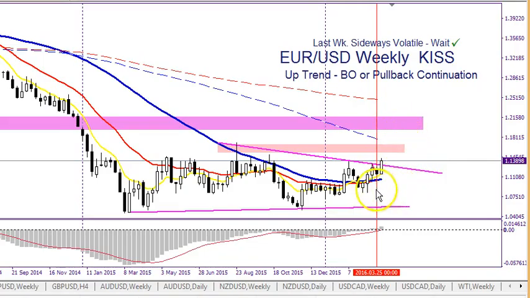Okay, so this week we're going to turn down to the daily chart. This week I still see the uptrend. We're in a continuation uptrend, but you want to trade either the breakout above the high of this candle, or wait for a pullback and then continuation to the upside.